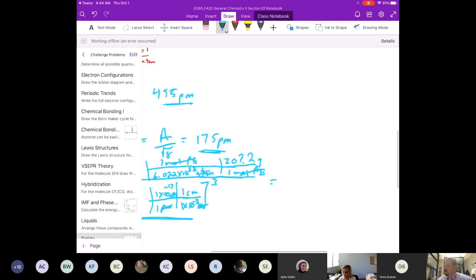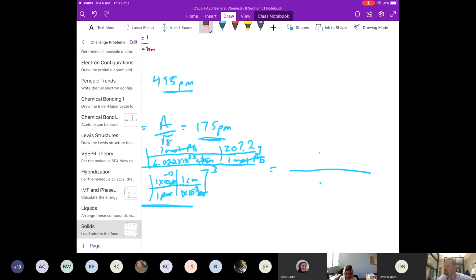So when we do this math, we should expect a small number over a small number. And when we do that, I get 1.332 times 10 to the negative 21 grams and 1.213 times 10 to the negative 22 cubic centimeters. Because we're talking about a really small box that contains a really small amount of mass.